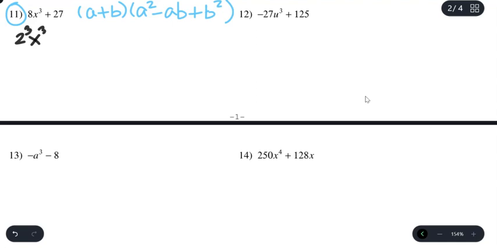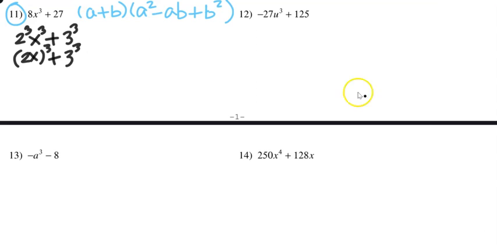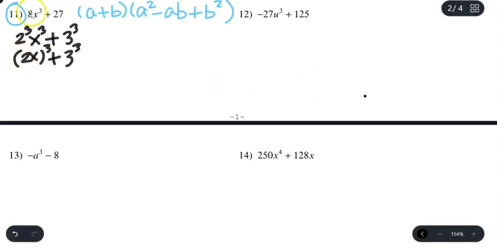So I've got a perfect cube here, plus 3 cubed. So what I'm going to do is rewrite this as 2x cubed plus 3 cubed, because I am, in fact, cubing 2x. 8 is 2 cubed, 2 cubed times x cubed. Laws of exponents: I can combine those and put them to the third power.